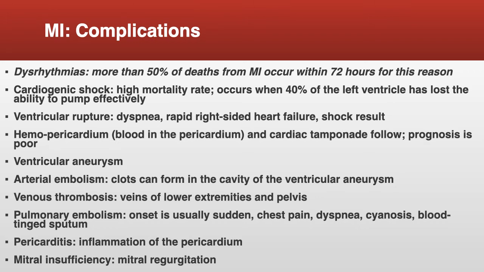This happens because the affected areas are electrically unstable due to shifting electrolytes, oxygen deprivation, and the accumulation of lactic acid. This affects the depolarization and repolarization of those myocardial cells.